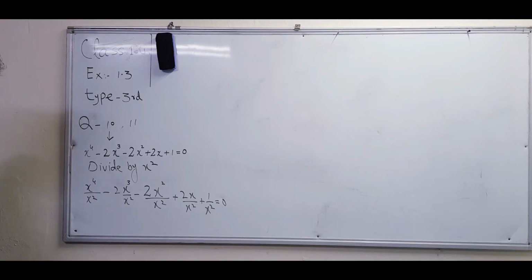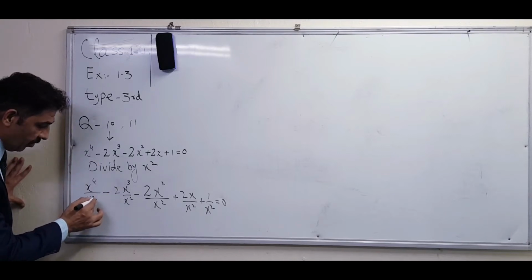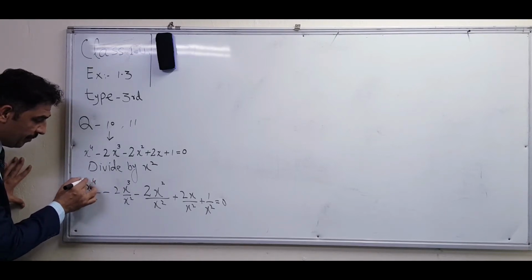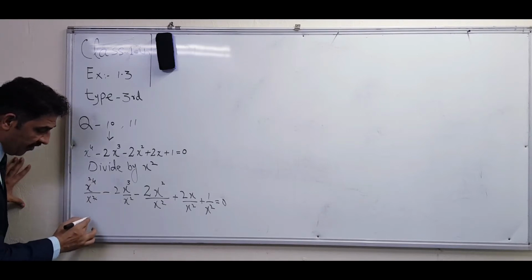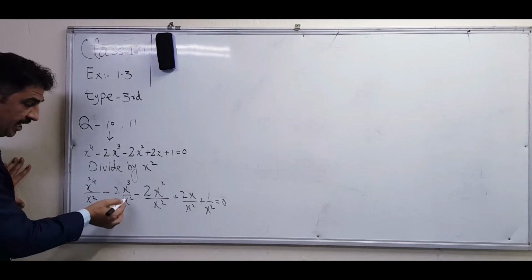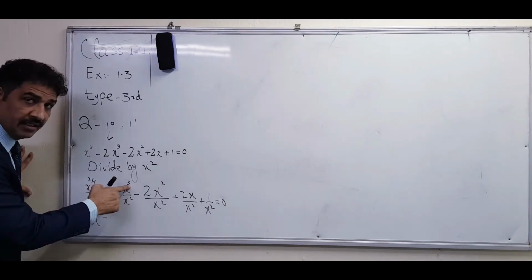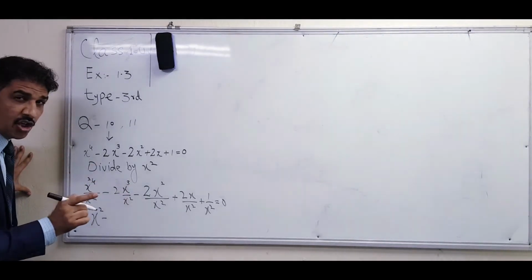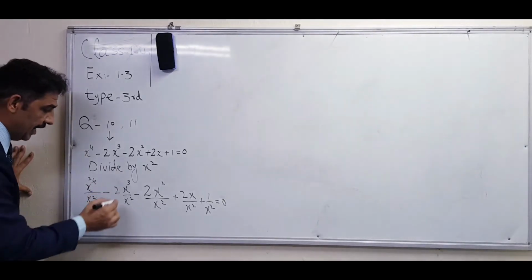After simplification, we will see what's remaining. When we cancel, x to the power 4 over x square, the remaining power is 2. So we write x square. Then minus 2x cube over x square: how much remains in the numerator? Good, x.